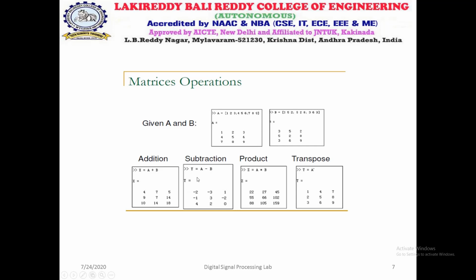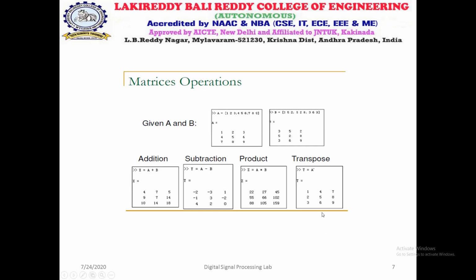So this operation is element by element operation. Similarly, if you see subtraction, this is the output. And product, we have to be very careful here about product. So we have matrix multiplication. So Z is equal to A star B will give an output Z. So this is matrix multiplication as we do in our matrix operations.